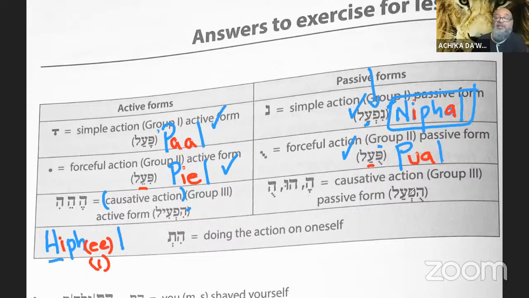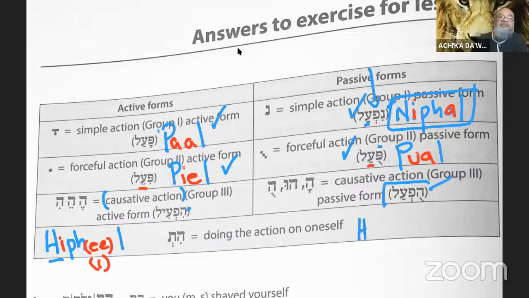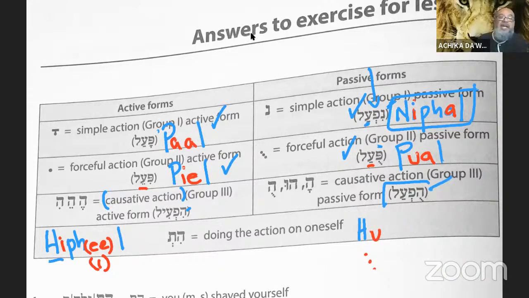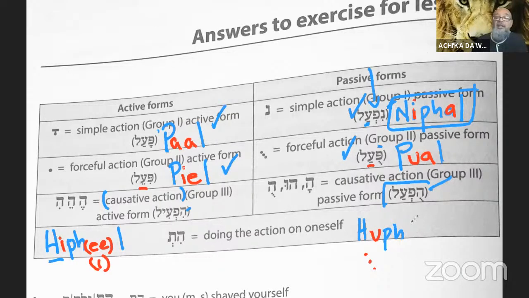Now, which we're learning today, right here. What letter is this first one? H. H. What's the vowel underneath it? Is it a U? Yep, there's 3 dots. That's a U. And then we have a pay that doesn't have a dot in it. What letters do we use? PH. PH. And then we have an ayin that has a slash underneath it for what vowel?